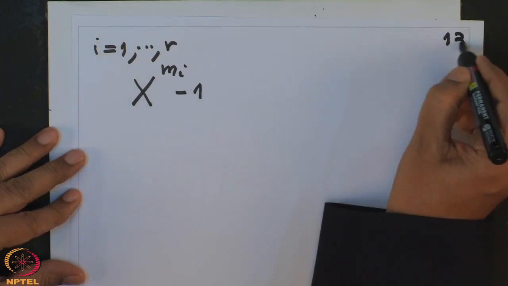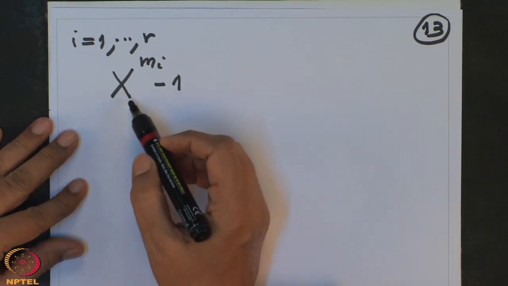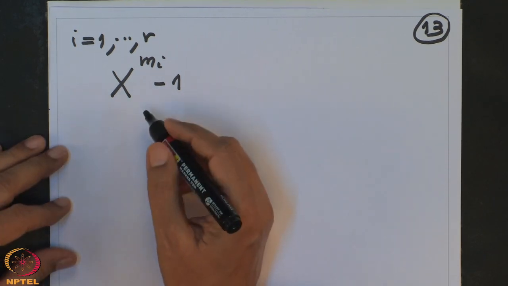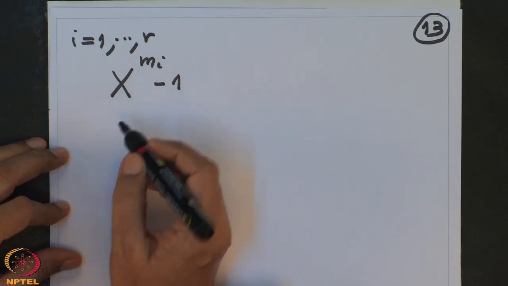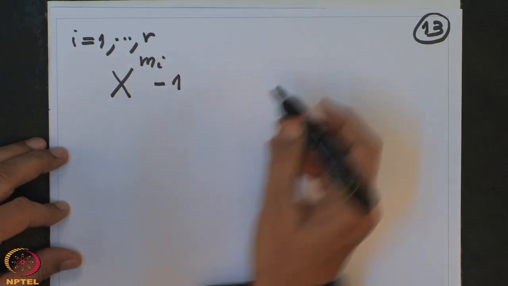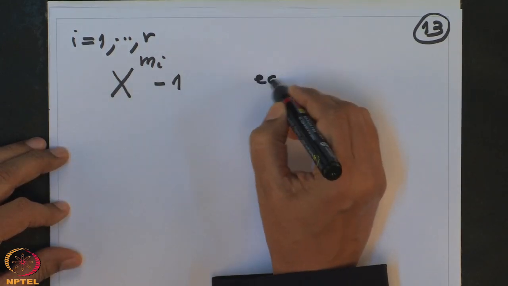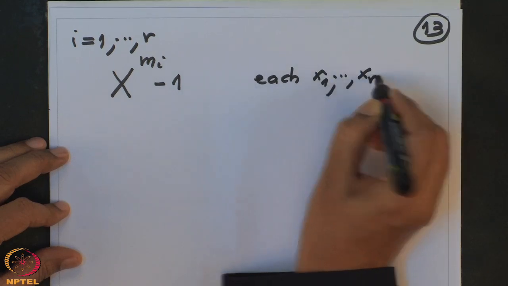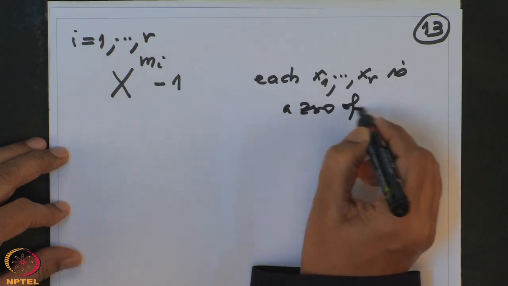Because it is a polynomial over a field, it has at most mi zeros, and I already know that each of x1 to xr is a zero of this polynomial.